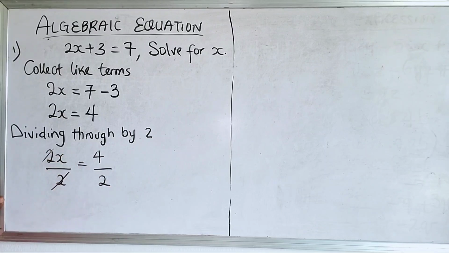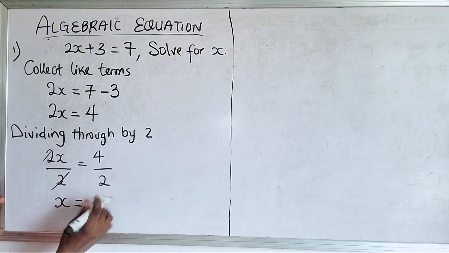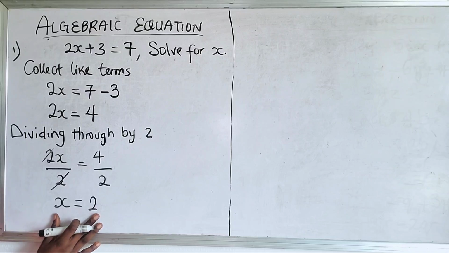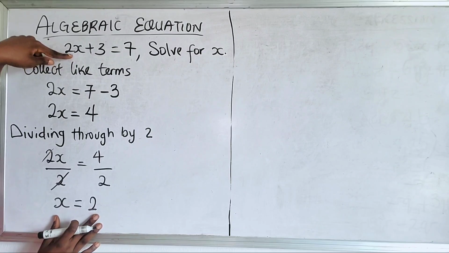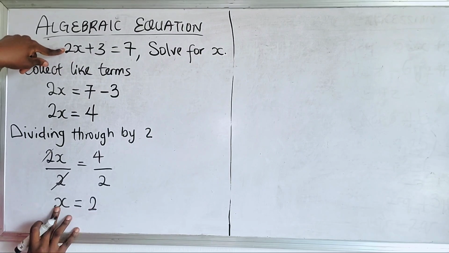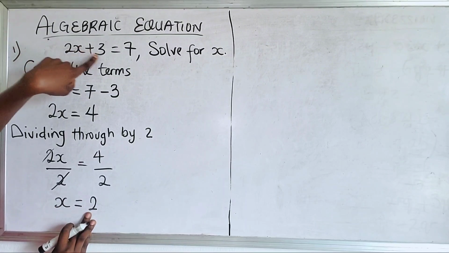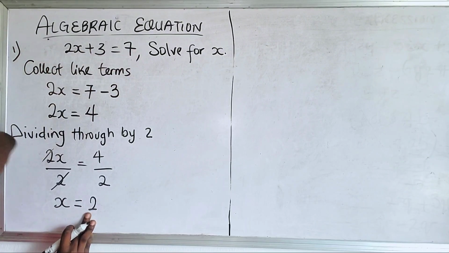So 2 cancels 2, and 4 divided by 2 is 2. To check if you're correct, wherever you see x, put the value 2. So 2 times 2 is 4, and 4 plus 3 is 7. So that means we are correct.